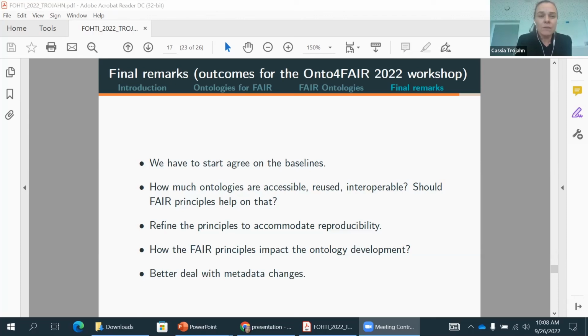So you still needed to pay attention to how you represent the information to end users. I think this is a very good point, and I have no answers for that, but it's really an important point. You cannot see it only from the point of view of ontology construction and the ontologists, but also think about the view of the ontology and the data consumers.